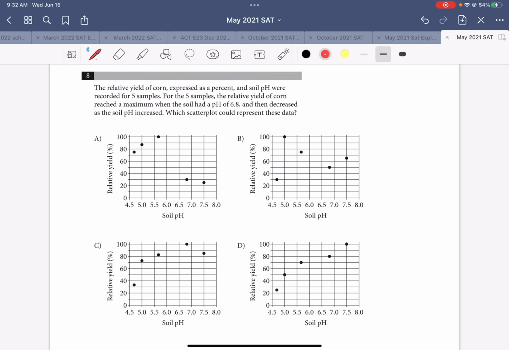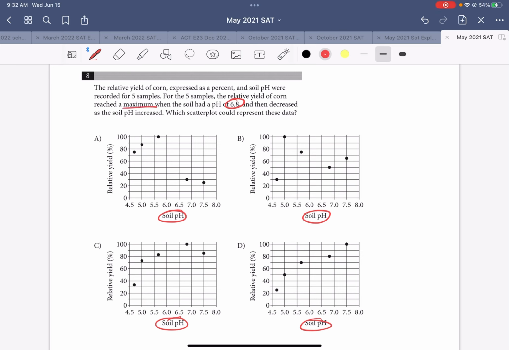For the 5 samples, the relative yield of the corn reaches its maximum when the soil has a pH of 6.8, then decreases as the soil pH increases. Which scatter plot could represent these data? pH is on the x-axis here. At 6.8, you have to have a maximum.